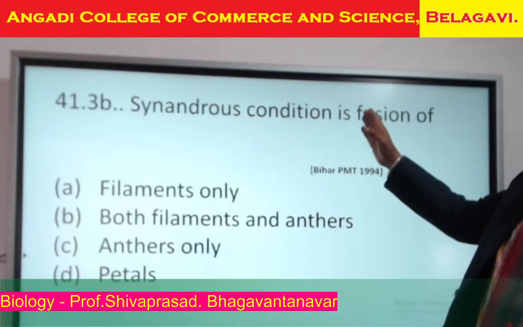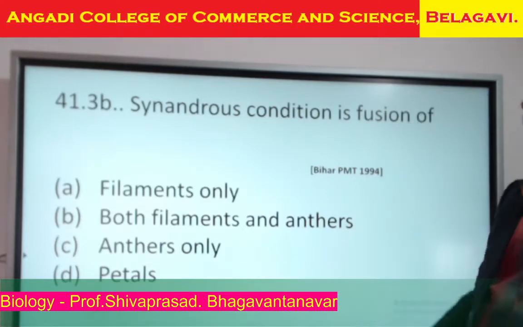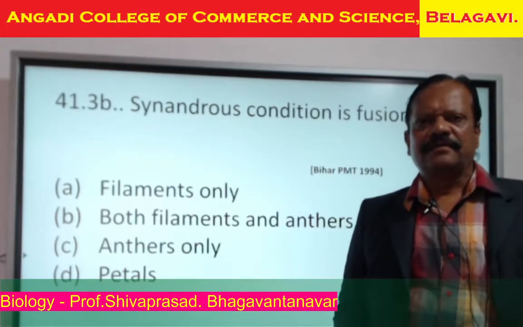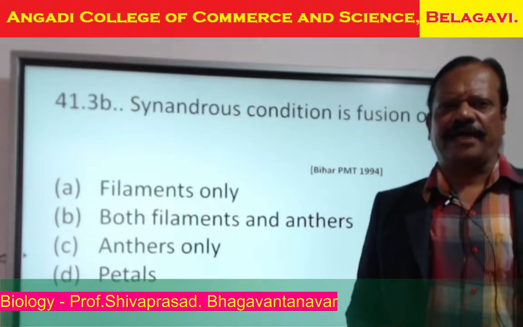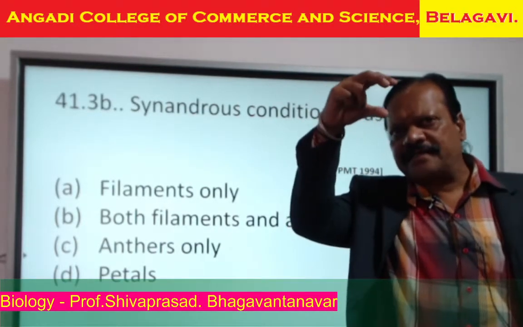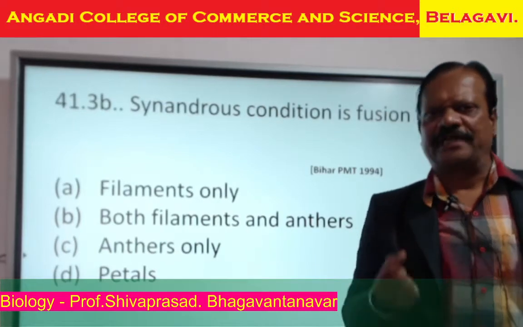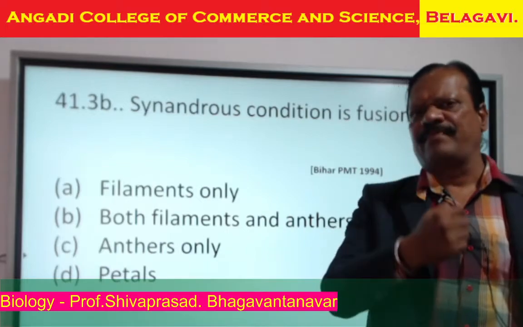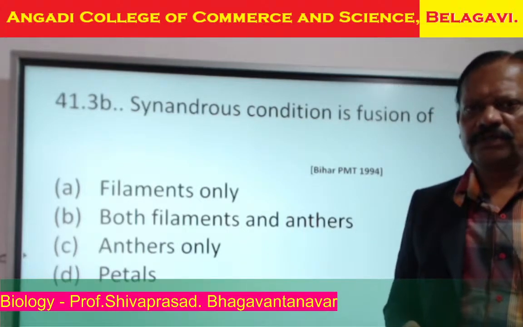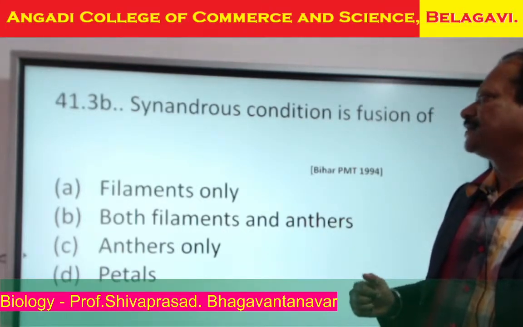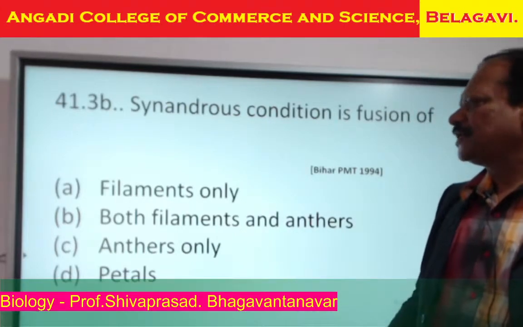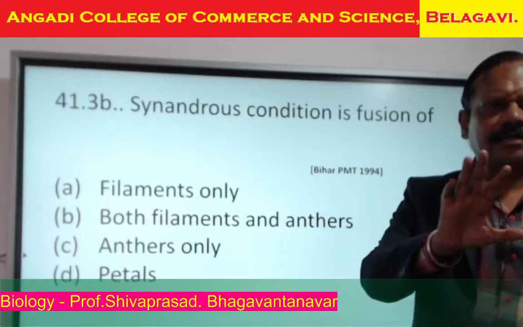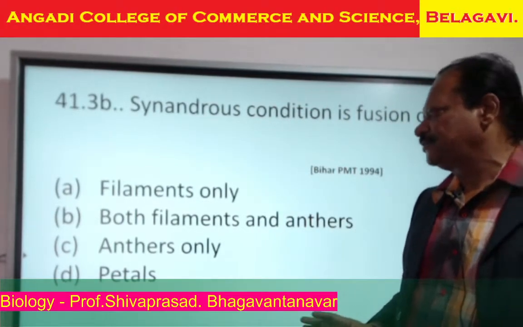Synandrous condition is fusion of. Synandrous condition. Here, the anther you people are knowing. At the upper side, the anther, at the lower side, it is producing a filament. The anther lobes are attached with the filament, with the connective. So, in case of this, what happens? Synandrous in the sense, we'll see the options. Filaments only. No, it is not a correct answer.